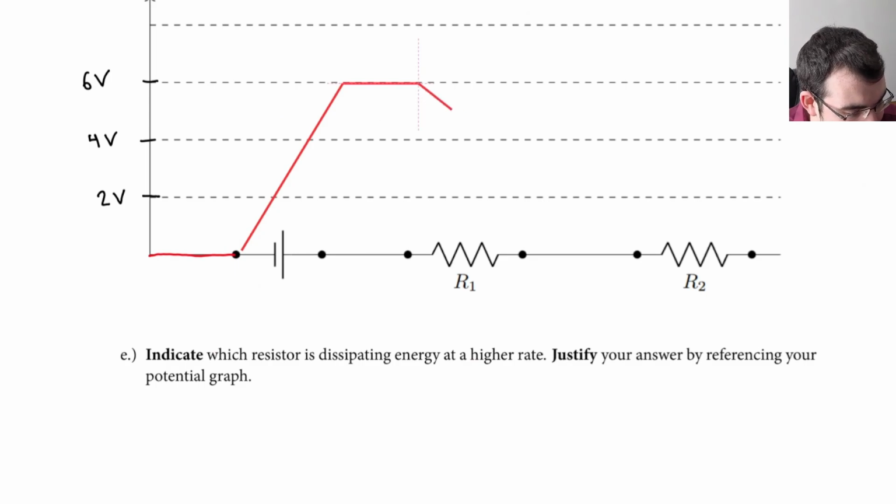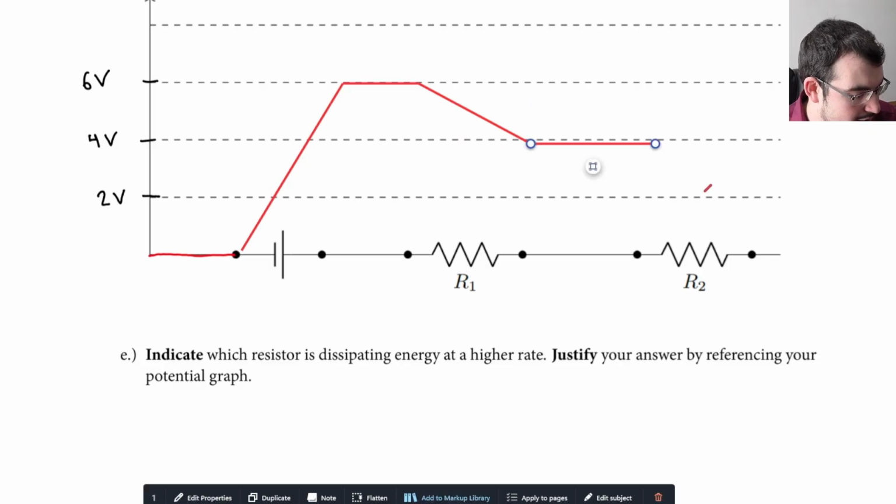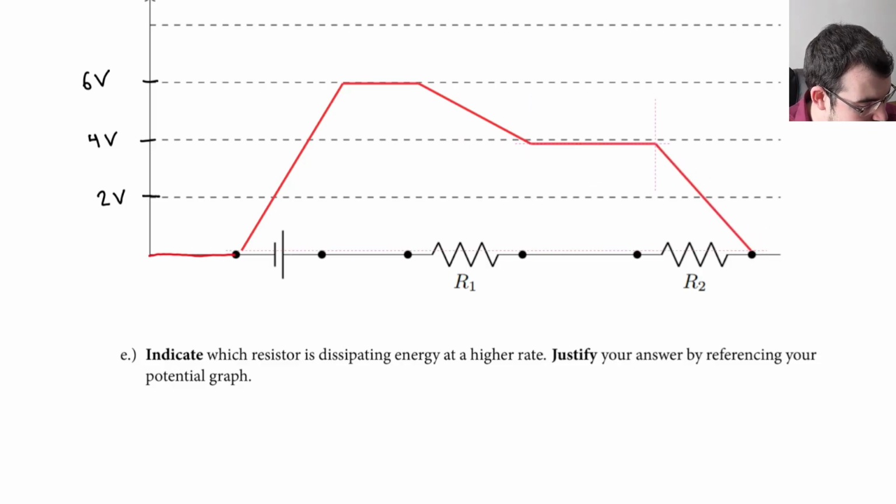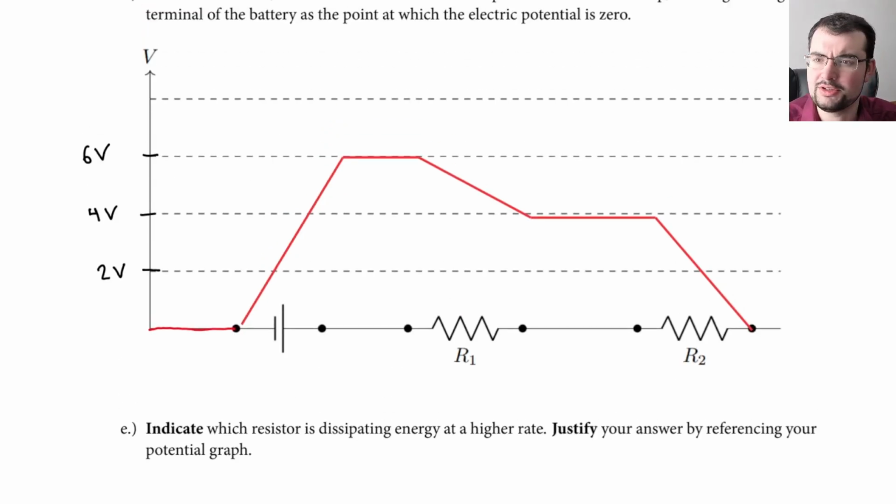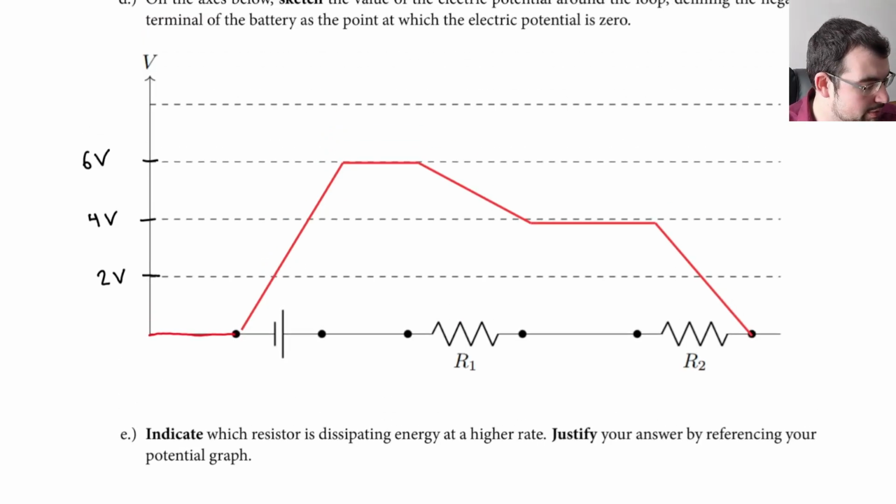So we are going to drop 2 volts across this first resistance. No voltage drop through wires, and then we drop 4 volts across R2. This is consistent with what we found, because this voltage drop goes from 6 to 4, which is 2 volts, and this voltage drop goes from 4 to 0, which is 4 volts.